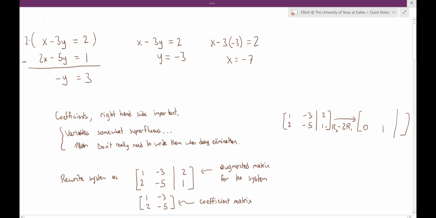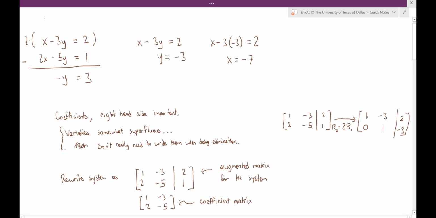Then here you'd get 1 minus 2 times 2. So that would be, whoops, negative 3. And then this operation was only modifying the second row, because I was subtracting 2 of row 1 from row 2. So I just copied the first row down.